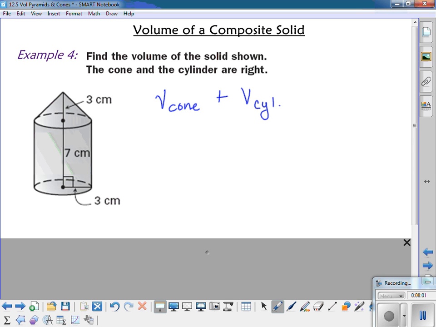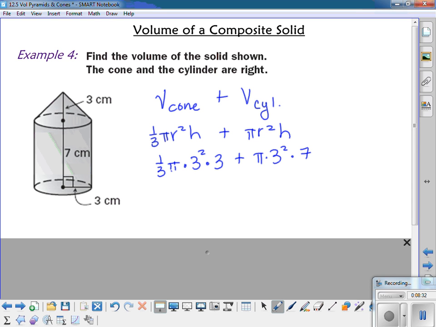And so the volume of the cone is 1/3 pi r squared h, h being the height of the cone, and the volume of the cylinder, pi r squared h, in this case h being the height of the cylinder.